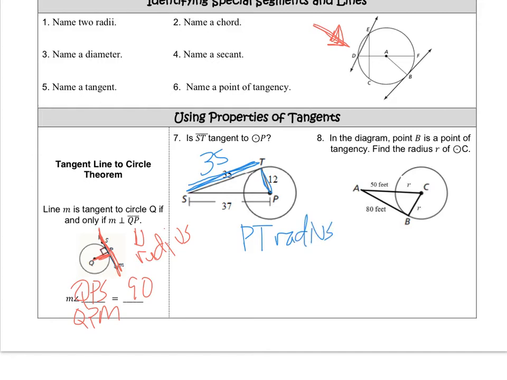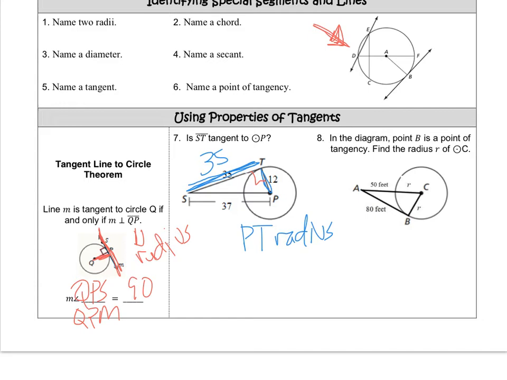For ST to be a tangent line, it has to be making a right angle right here, where it touches the radius. So we have 3 measures of this triangle. If those 3 measures make a right triangle, then it's perpendicular and it would be a tangent line. Well, how can we prove if these 3 measures, 35, 12, and 37, make a right triangle?